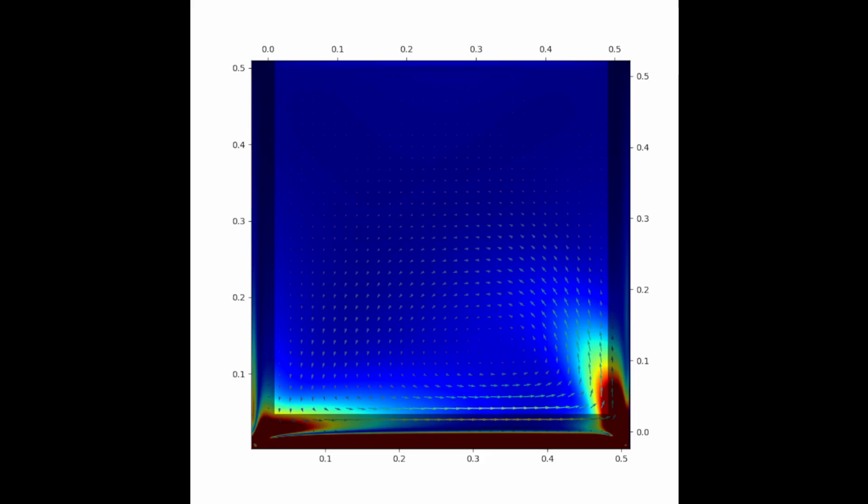You can see how the velocity is moving, with higher velocity closer to the sliding wall and lower velocity towards the center of the vortex. And this color scheme on the background is the intensity of the viscous force.